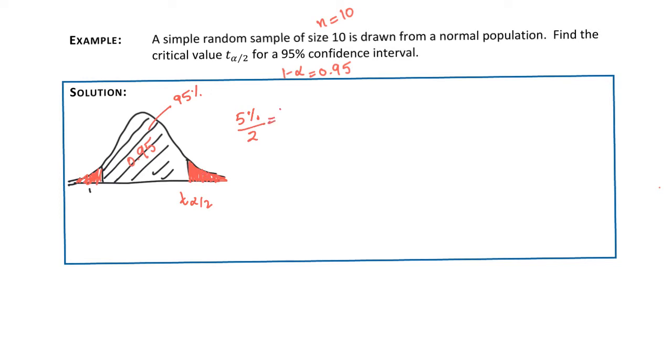So that is 2.5%. 2.5% in decimal is 0.025. So this is alpha over 2. So this area is 0.025. Now we need to find the critical value. So we have n minus 1 degrees of freedom.